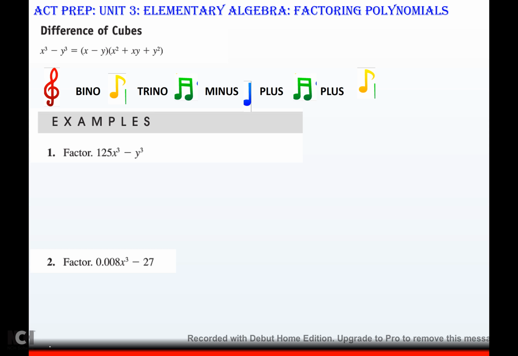Okay, difference of squares, binomial, trinomial, the only thing different is the signs. If it's a difference of cubes, the signs go minus, plus, plus. So we're still checking. I got the cube root of 125x cubed, which is going to be 5x. I have the cube root of y cubed, which is going to be y. So they are perfect.